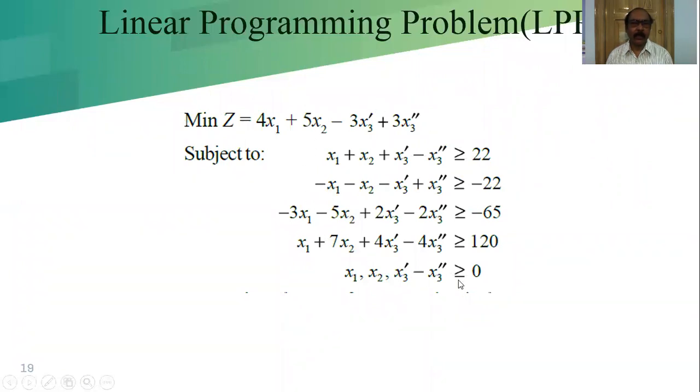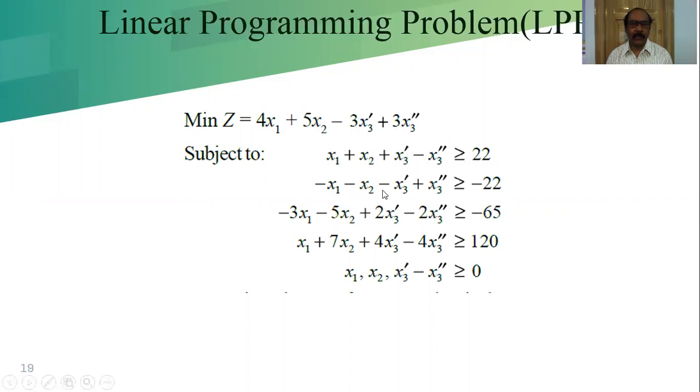Rewriting this problem again: minimize z, 4x1 plus 5x2 minus 3x3 dash plus 3x3 double dash. This is our objective function. x1 plus x2 plus x3 dash minus x3 double dash greater than or equal to 22.